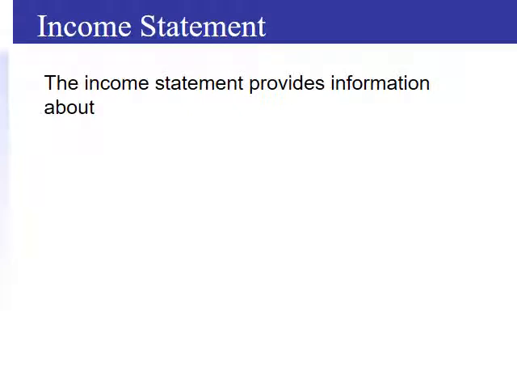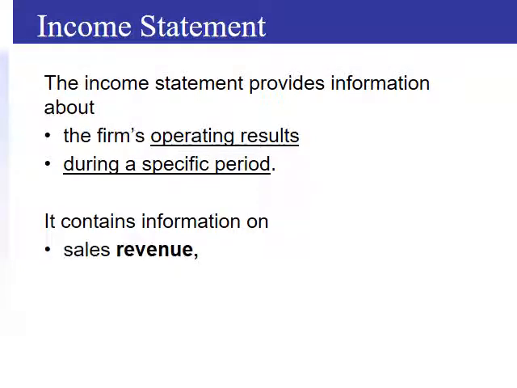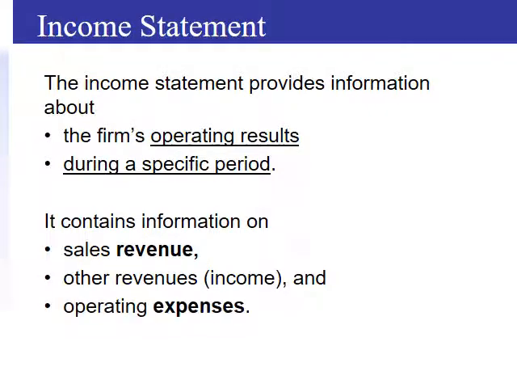The income statement provides information about the firm's operating results during a specific period, so for a period of time. It contains information on sales revenue, other revenues, and operating expenses.